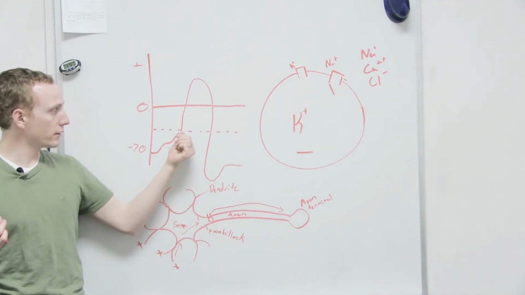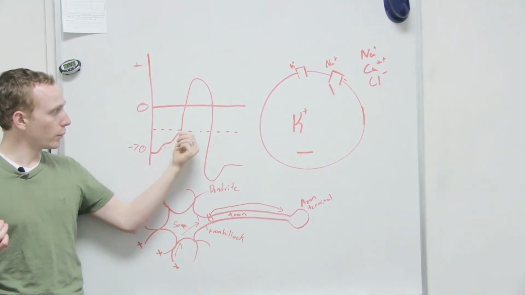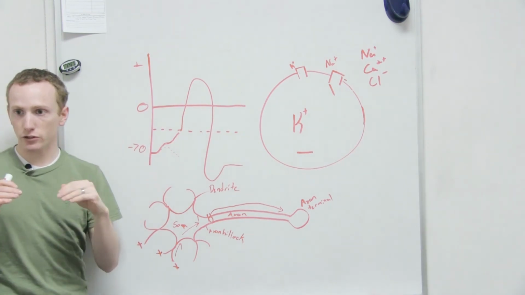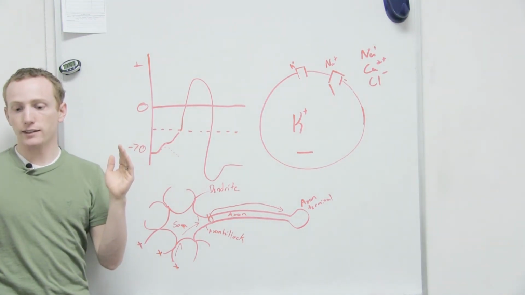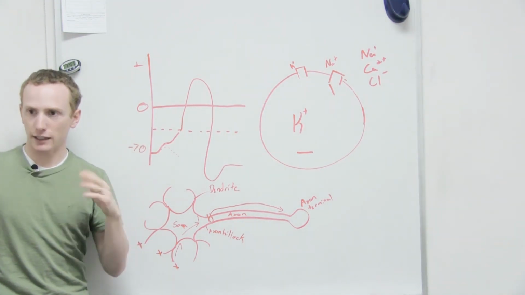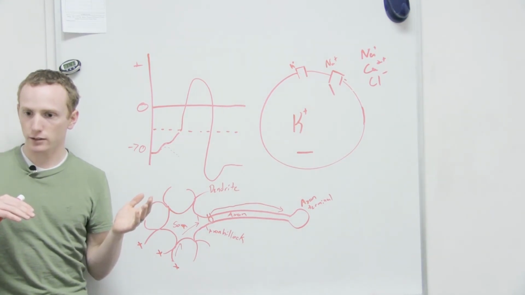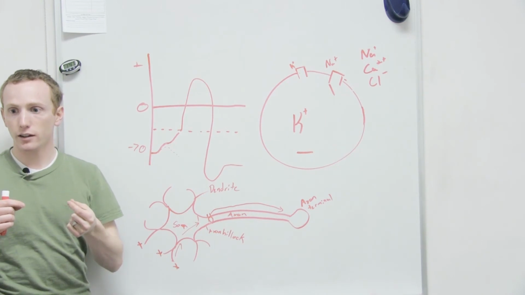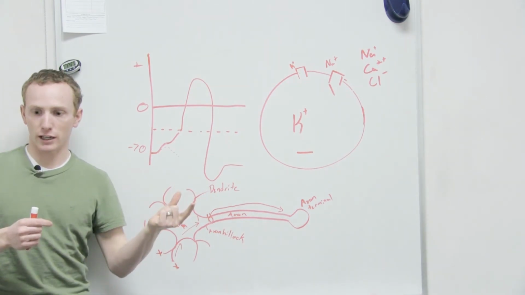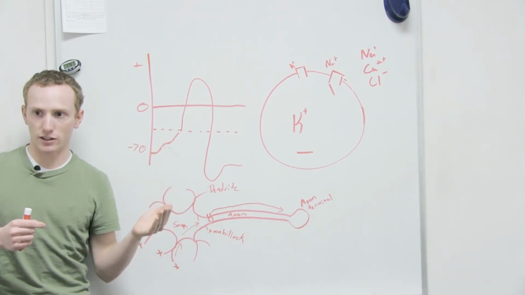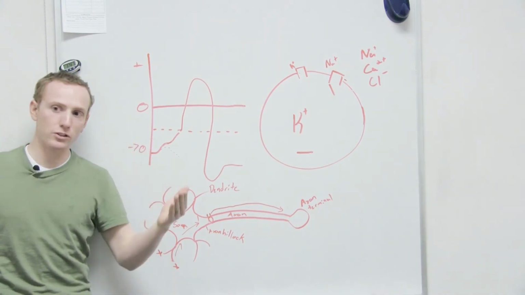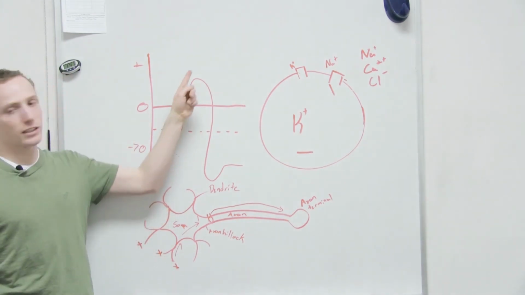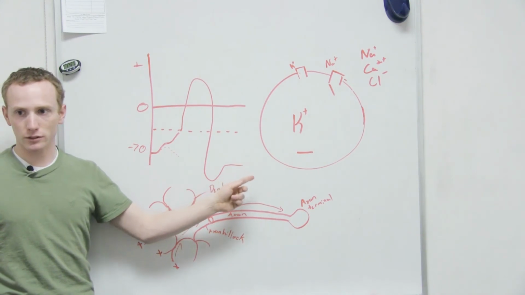But there's a point at which enough sodium channels are open that it's going to be like a domino effect. The charge is changed enough that it opens another sodium channel, and that depolarizes the cell more, which opens another one, which opens another one, causing the action potential.